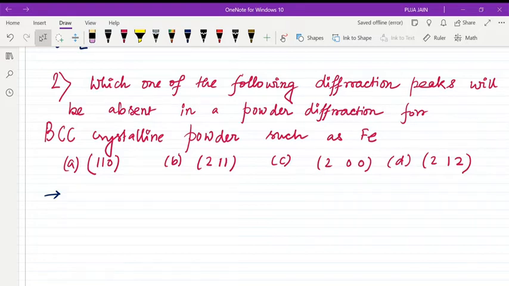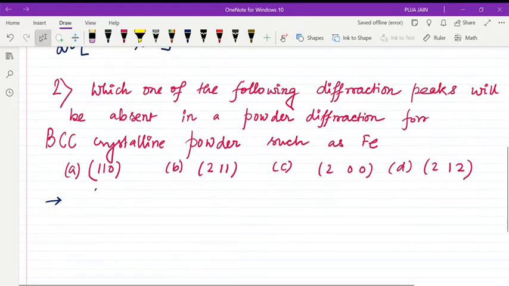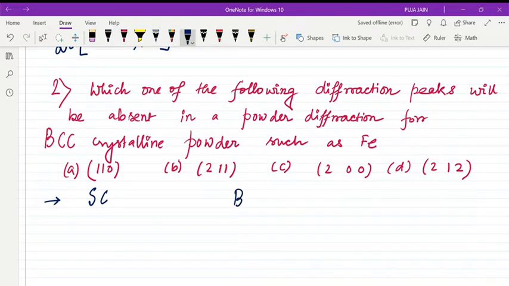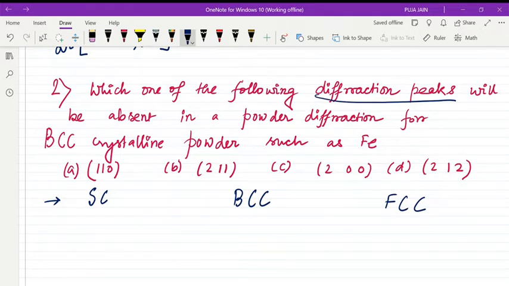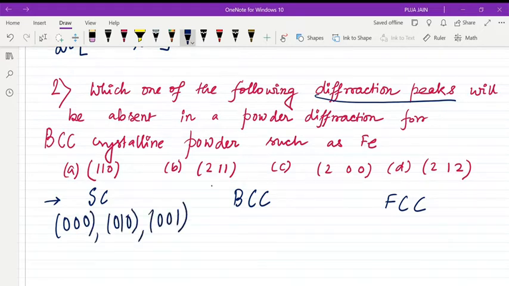BCC means body centered cubic structure. There are three main structures, basically we read about SC, BCC and FCC: simple cubic, body centered cubic, and face centered cubic. So what is the essential criteria to show the diffraction peaks? For SC, all are valid, like 0, 0, 0, 0, 1, 0, 0, 0, 1, like all.